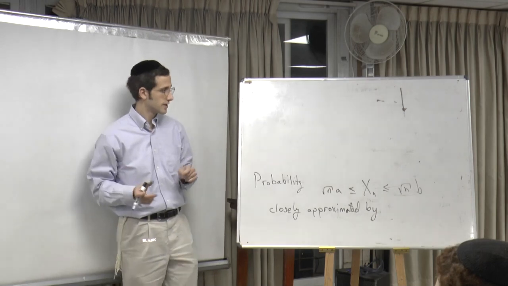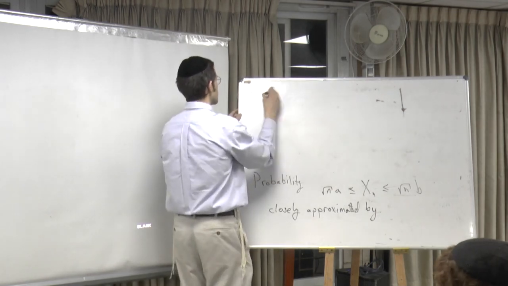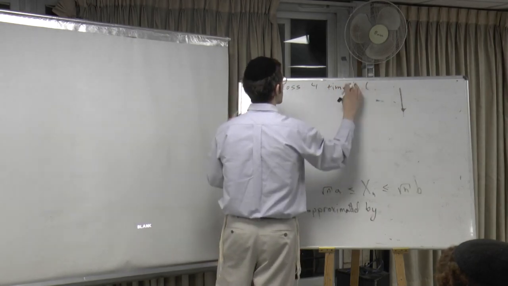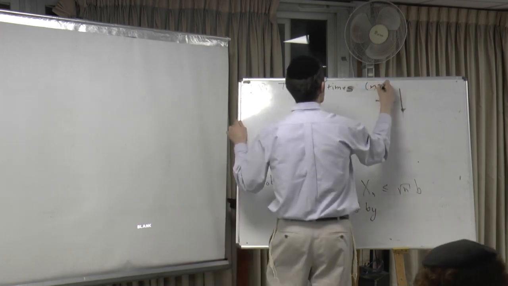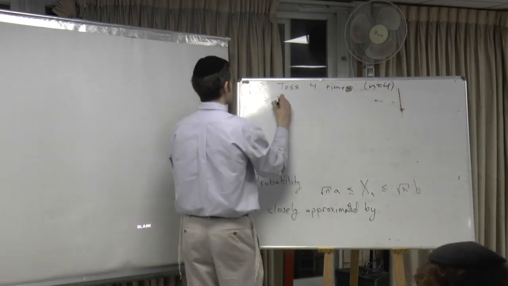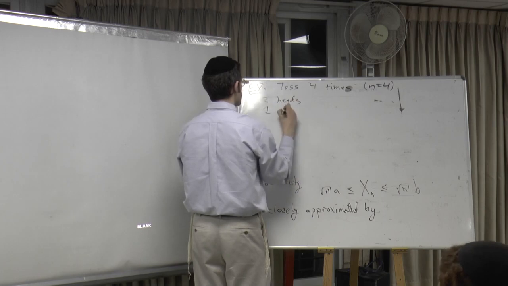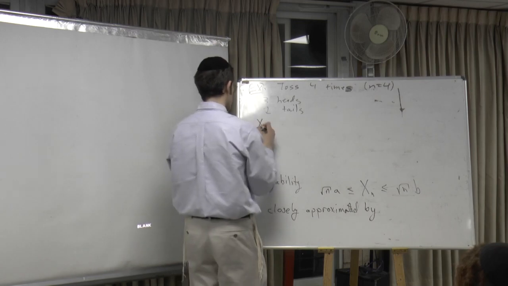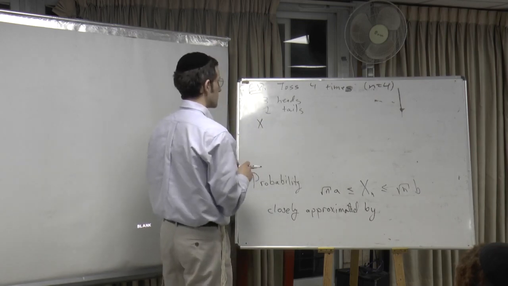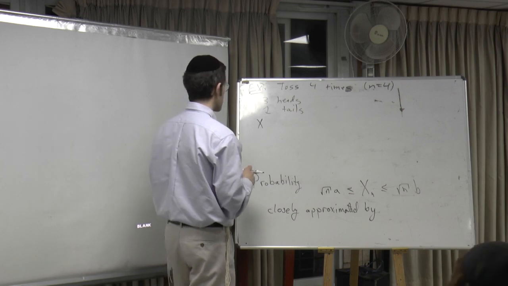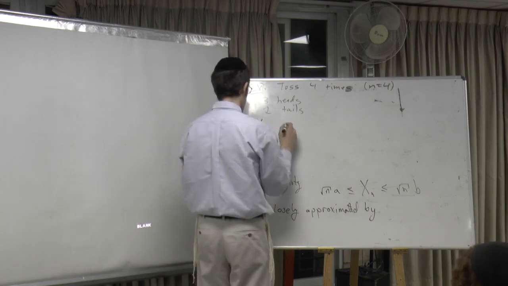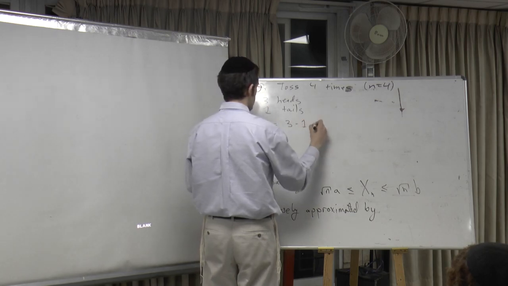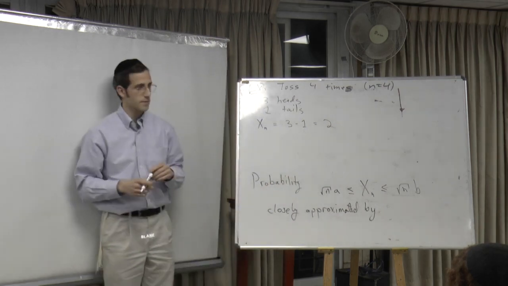So for example, let's say you toss 4 times, so n equals 4, and you get 3 heads, 1 tail. Xn will be 3 minus 1 equals 2. That's how much you have at the end of the game, right?